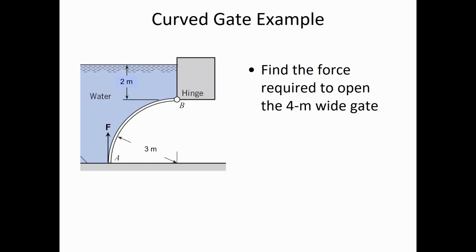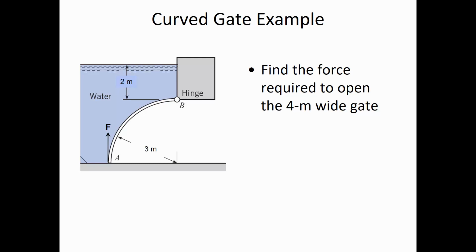It says it's 4 meters wide, so that's this dimension into the page or into the screen. But then we can see that this radius of curvature is 3 meters. So what does the projection look like? What's the shape of the vertical projection? Yeah, so it's rectangular.